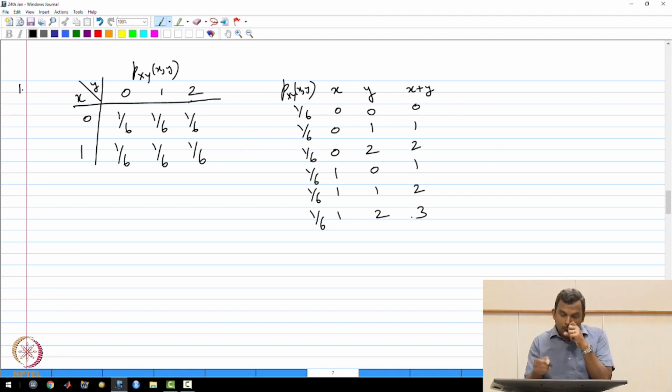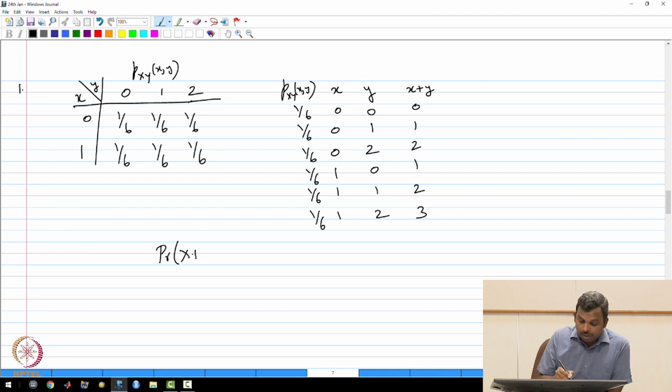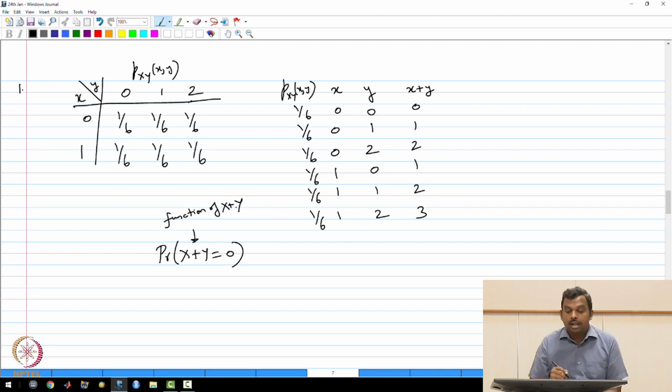Now supposing I want to ask the question, what's the probability that x plus y equals 0? This is the function I'm interested in. And what are the values that x plus y takes?